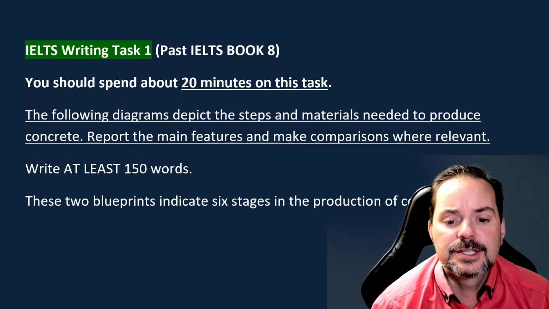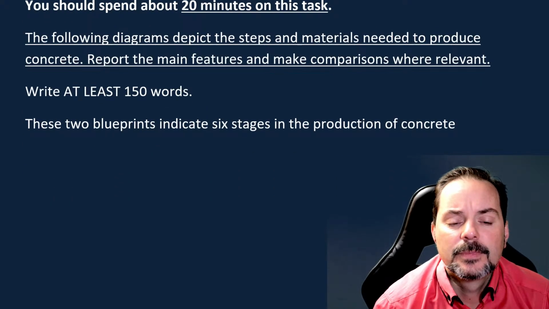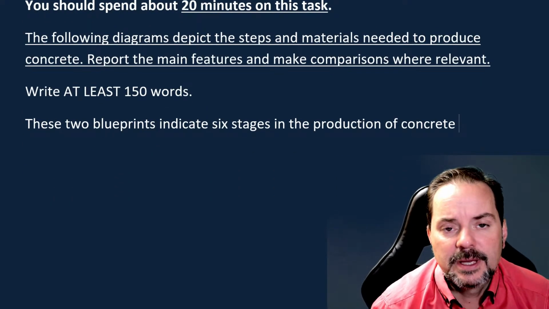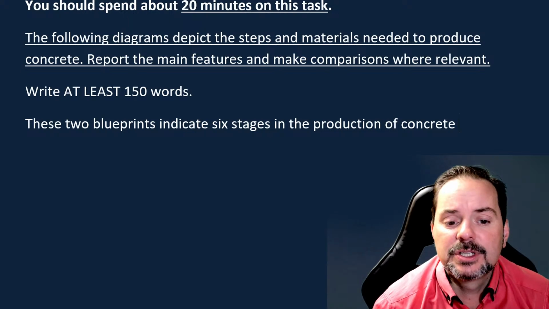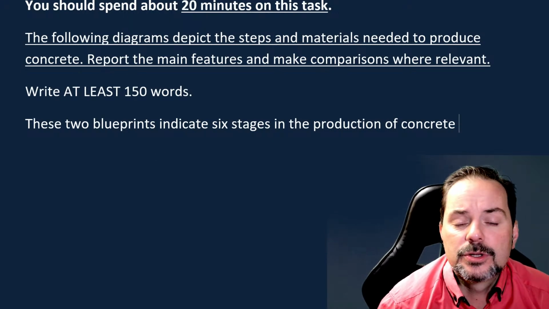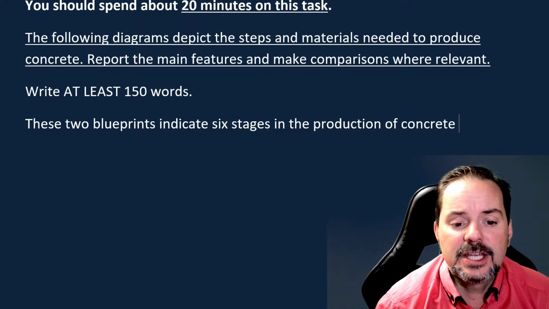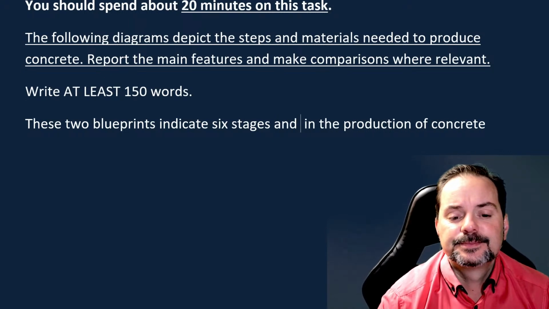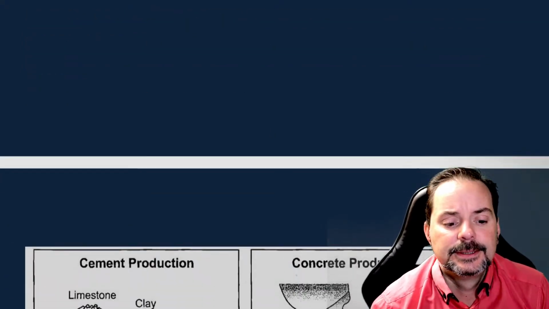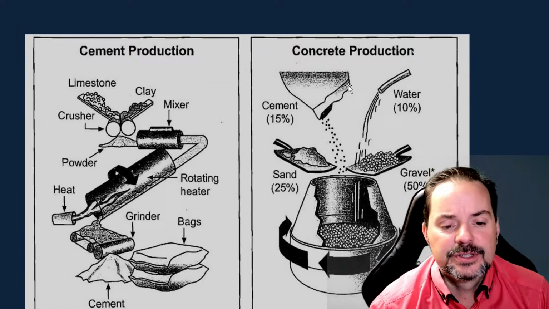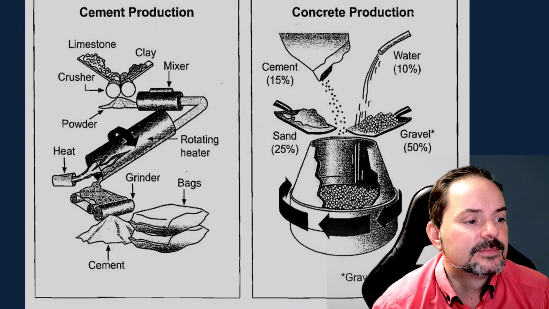Now, of course, here we continue to pay attention to the question. It says, and materials, okay? So these 2 blueprints indicate 6 stages, and how many materials? So again, just count it up.